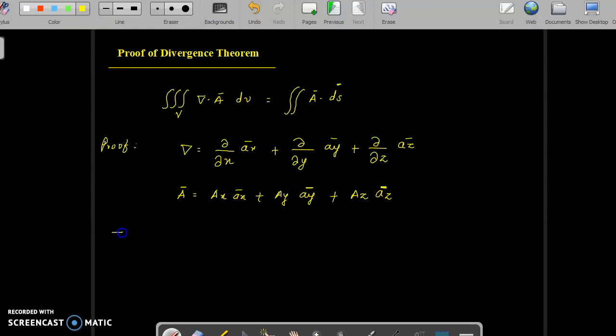Now if you take the divergence of the vector field, it's a dot product, so we know that ax dot ax gives you 1, whereas ax dot ay equals 0, and ax dot az is 0, and ay dot az is also 0.